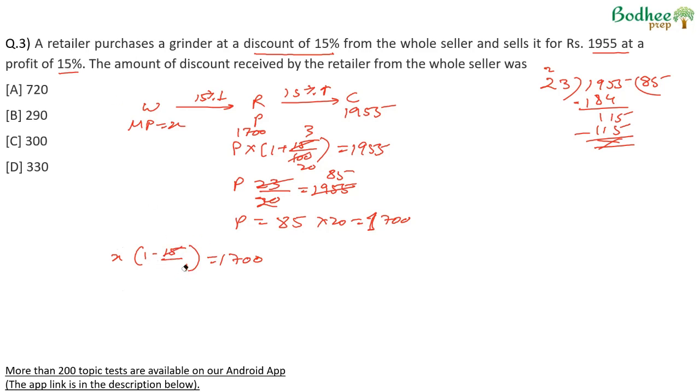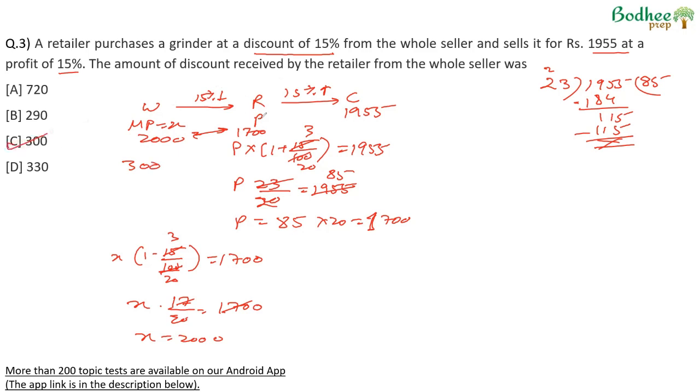So 1 minus 3 upon 20, 17 upon 20. So X into 17 upon 20 is equal to 1700. 17 cancels. So X becomes 2000. So the mark price was 2000 rupees, on which there was a discount of 15%, which we can see, the difference between these two will be 300.